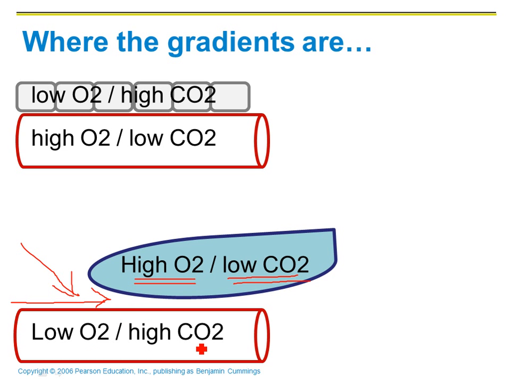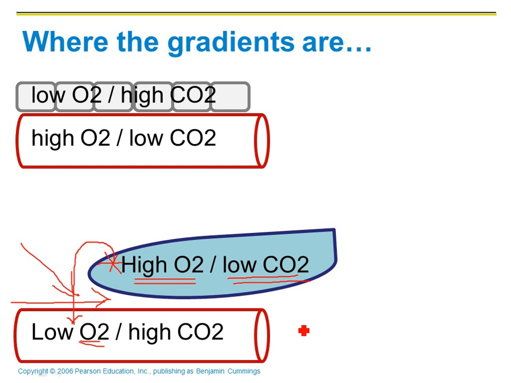So question number 1, is there a pressure gradient for oxygen? Absolutely. There's a high and there's a low, so the oxygen automatically will diffuse from the alveolus across the respiratory membrane into the plasma, that capillary.